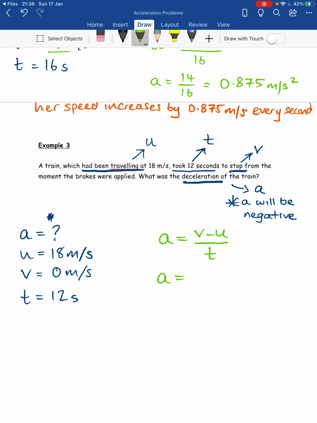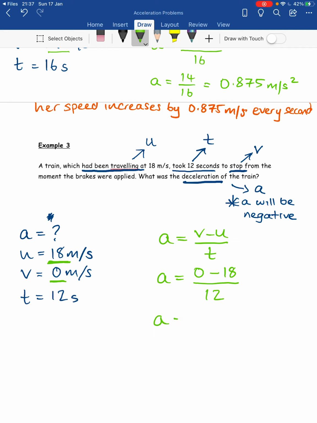Now this is where we need to be careful with our list again, because v this time you'll see is 0, because the final speed is when the train stops. This train was travelling at 18 meters per second, so that goes in place of u. And our time at the bottom is 12.